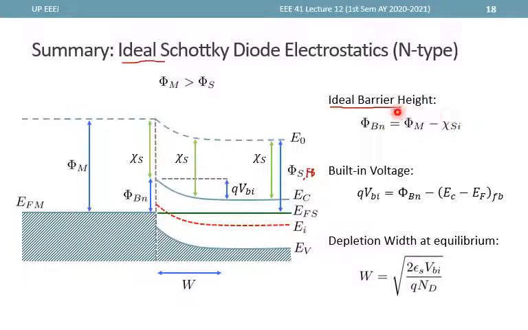Okay? So if we know the actual barrier height, we can just proceed with using this equation, since after you've drawn this one, even if this one is not ideal, the built-in voltage will still follow this form.